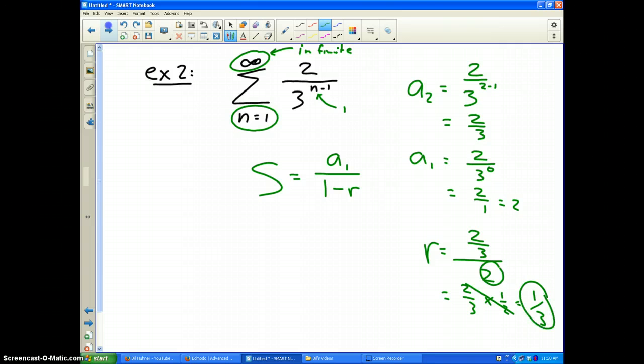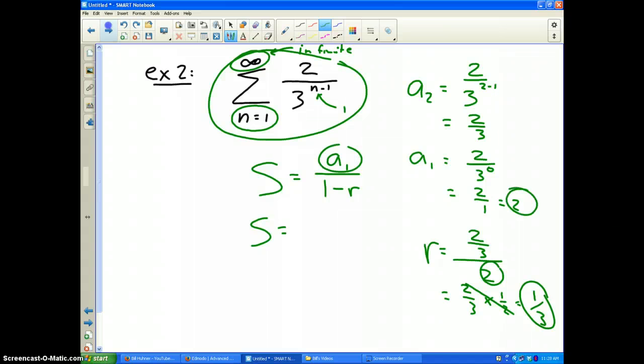So now I can solve this problem. The sum of this infinite geometric series is the first term, which we figured out is 2, divided by 1 minus 1/3. We got to do a little fraction work here. 1 minus 1/3 is very simply 2/3. Now I have 2 divided by 2/3.